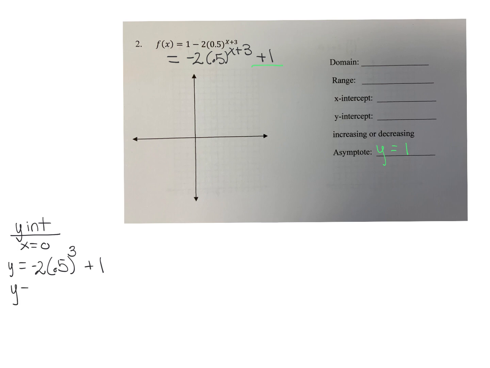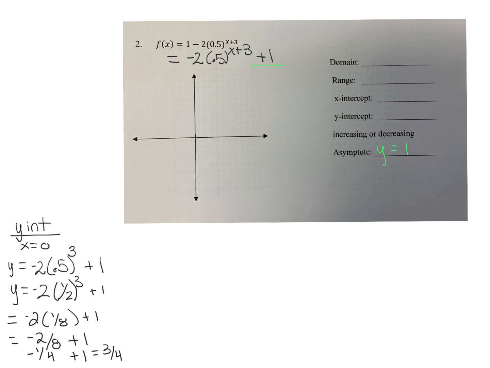So this is going to get you negative 2 times 1/2 cubed plus 1, which equals negative 2 times 1/8 plus 1, which equals negative 2 over 8 plus 1. This is negative 1/4. Negative 1/4 plus 1 is 3/4, or 0.75, so my y-intercept is 0, 0.75.